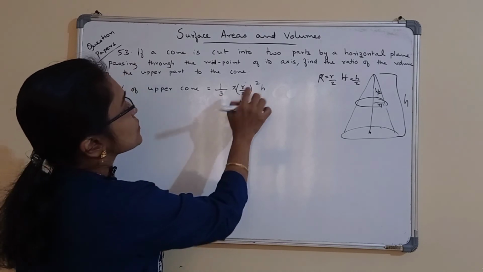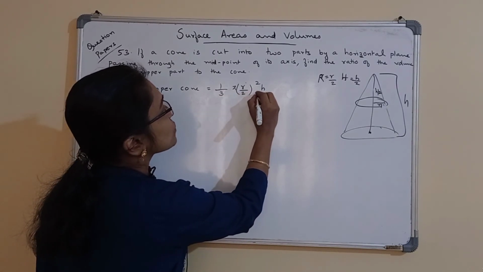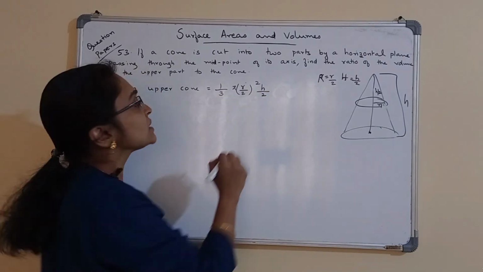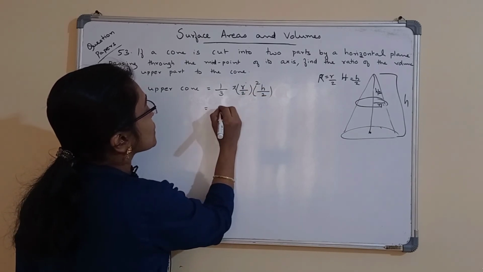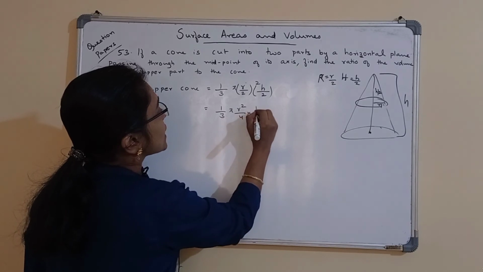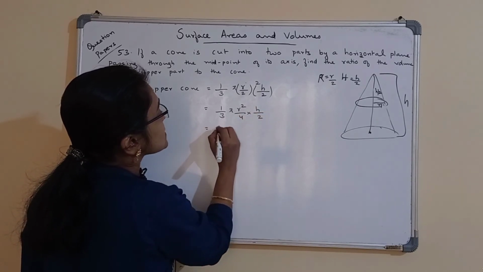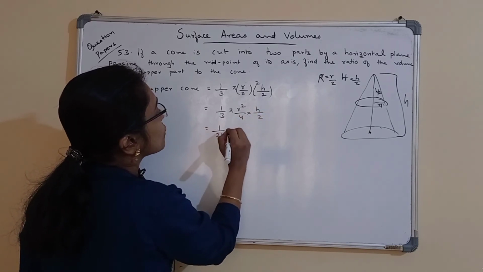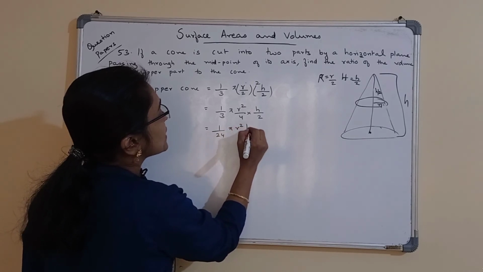So, this will become 1 by 3 pi into R by 2 square into H by 2, which is equal to 1 by 3 pi into R square by 4 into H by 2, and that is equal to 1 by 24 pi R square H.